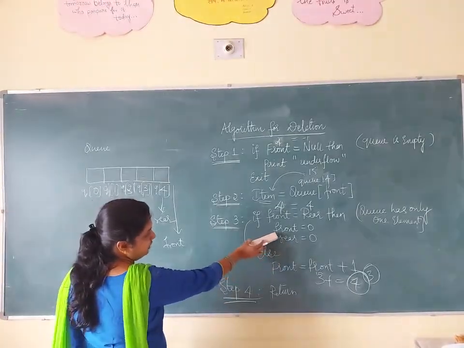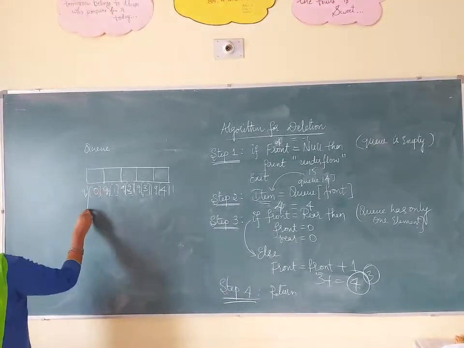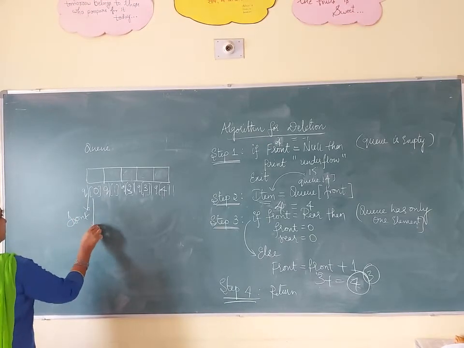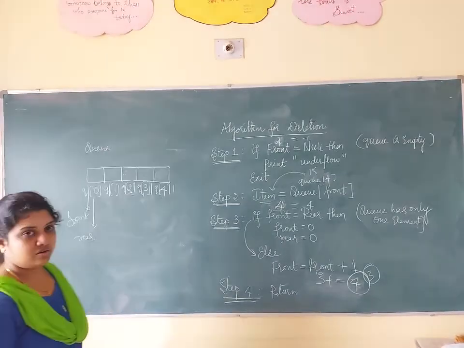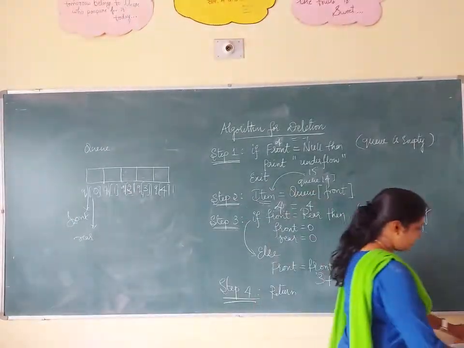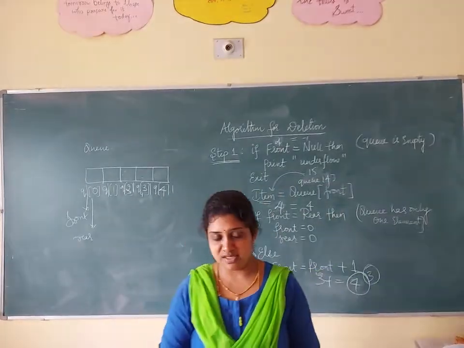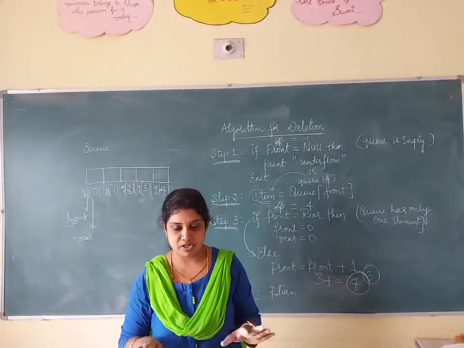Again you assign front and rear equal to 0. So now both front and rear are pointing to location 0. Again you can do insertion or deletion from the beginning. Like this the deletion operation will work.